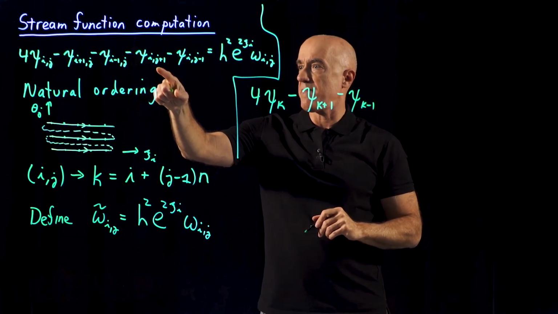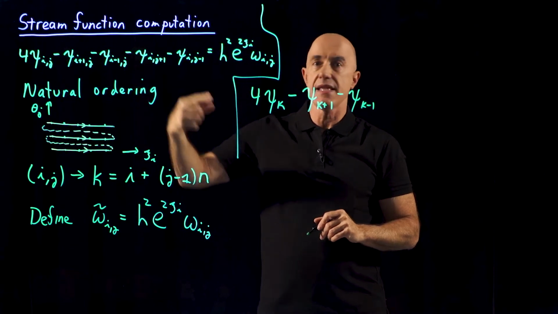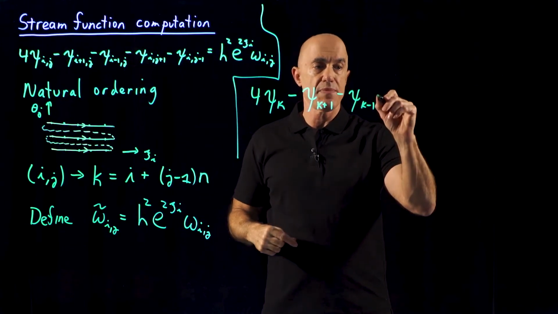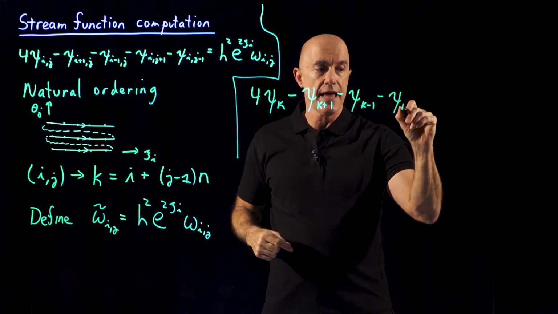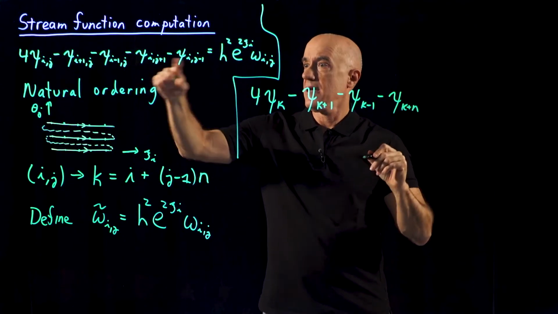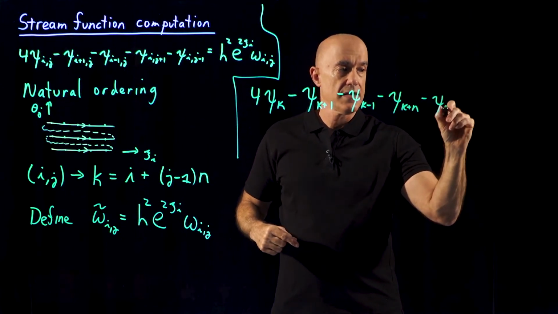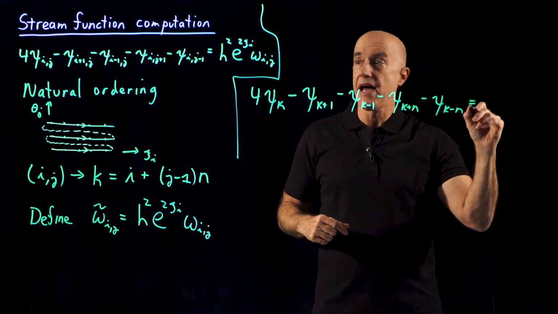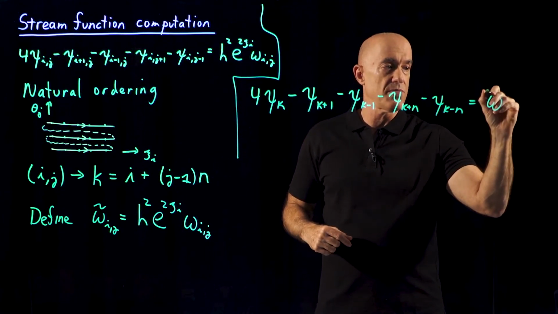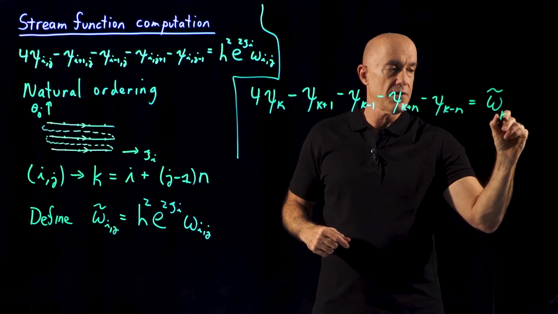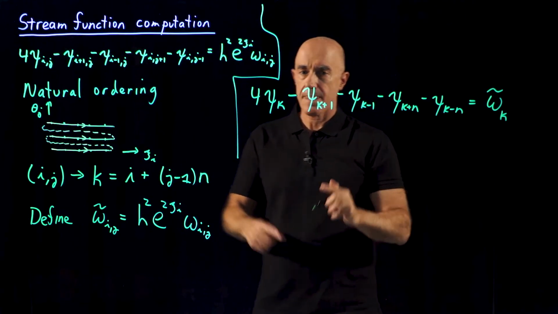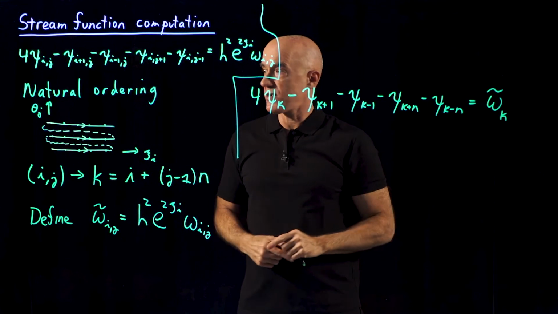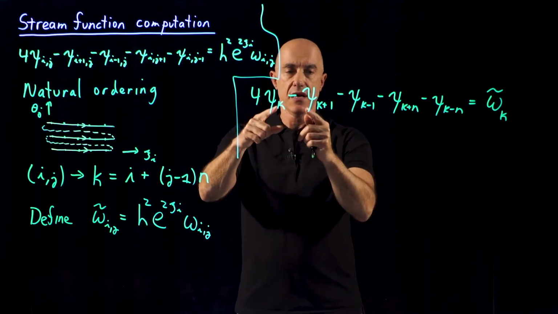So if we jump j by 1, we're jumping the index by n. So that becomes minus psi k plus n, and then minus psi k minus n. And then the right-hand side becomes our new variable omega tilde sub k. Okay, so this becomes our single index equation.